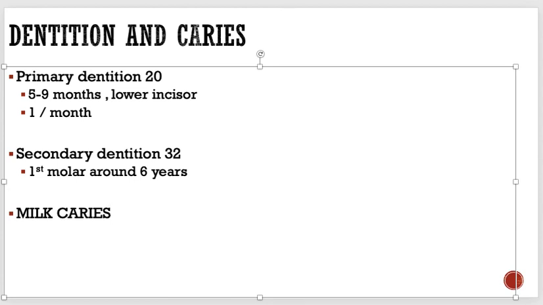Children have something called milk caries, and if you have children at home and pay a little attention, you will find that the front teeth, especially the upper ones, have a whitish decay. That is called milk caries.